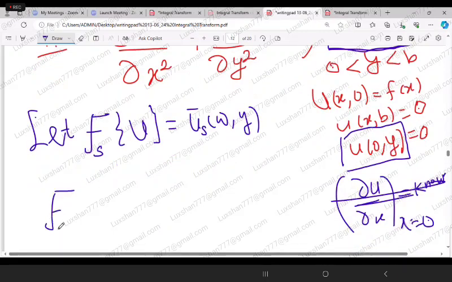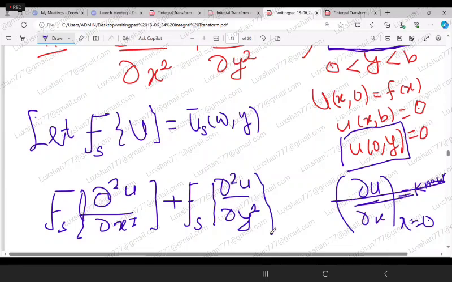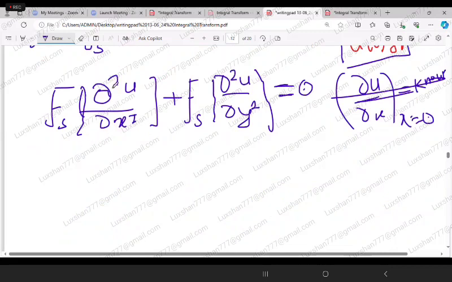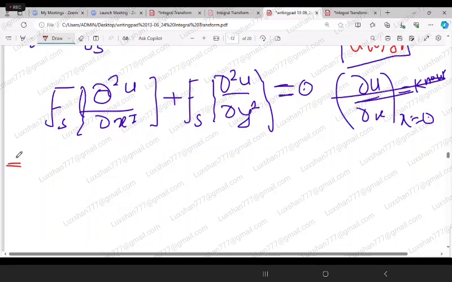So Fourier sine transform of ∂²u/∂x² plus Fourier sine transform of ∂²u/∂y². Right hand side is 0. So can anybody tell me what is the Fourier sine transform of this function?